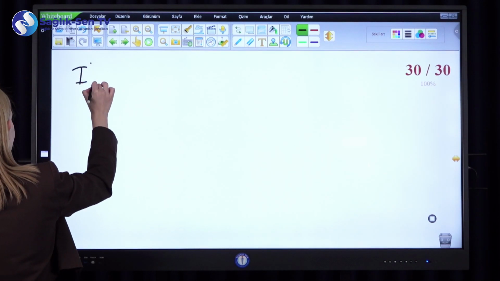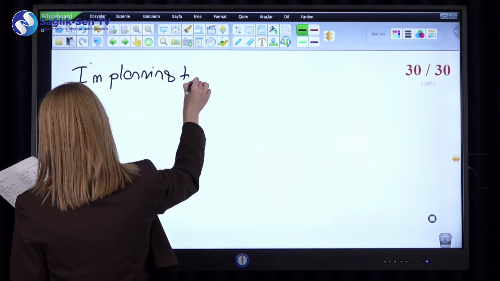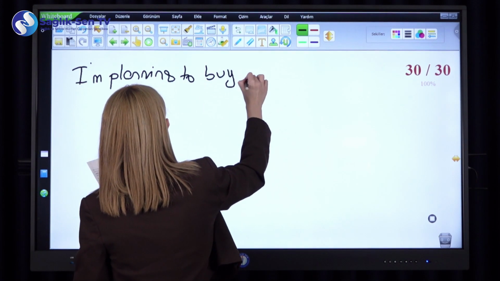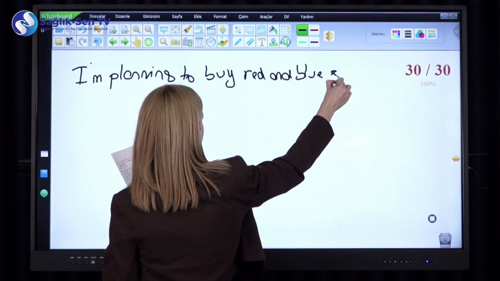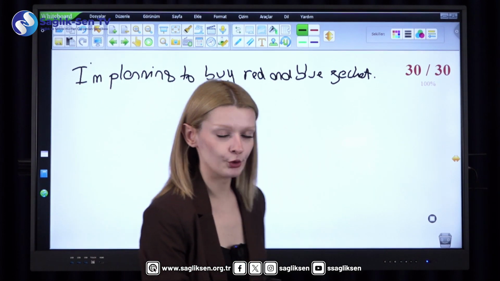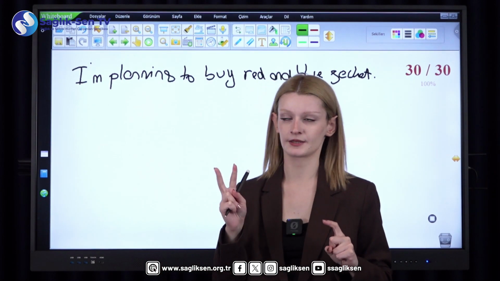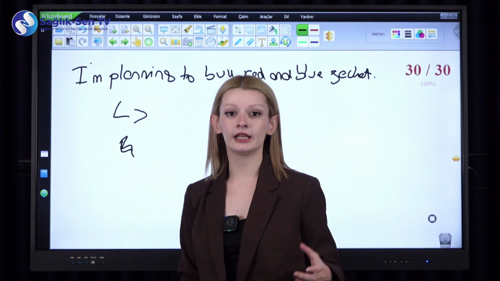I am planning to buy red and blue jackets. I am going to buy two jackets, and I want to rewrite this sentence using both.